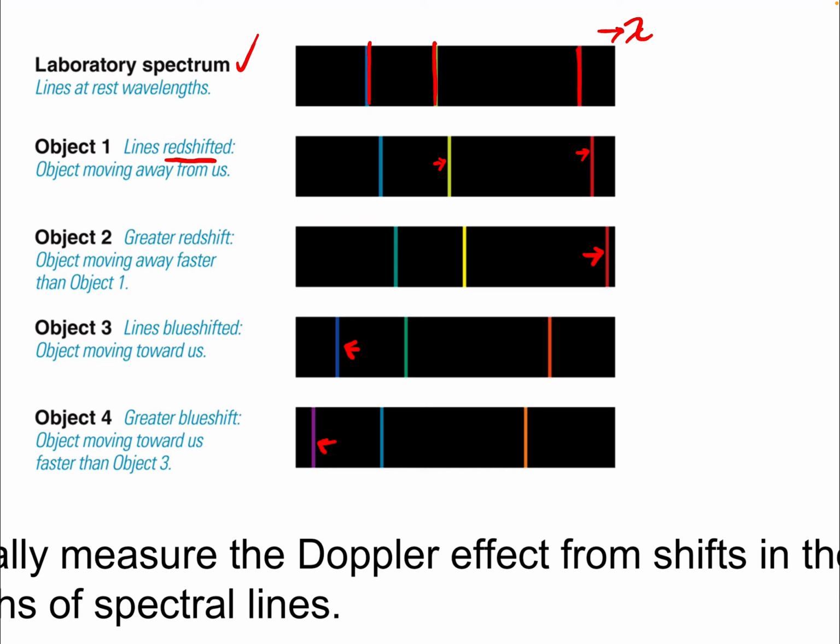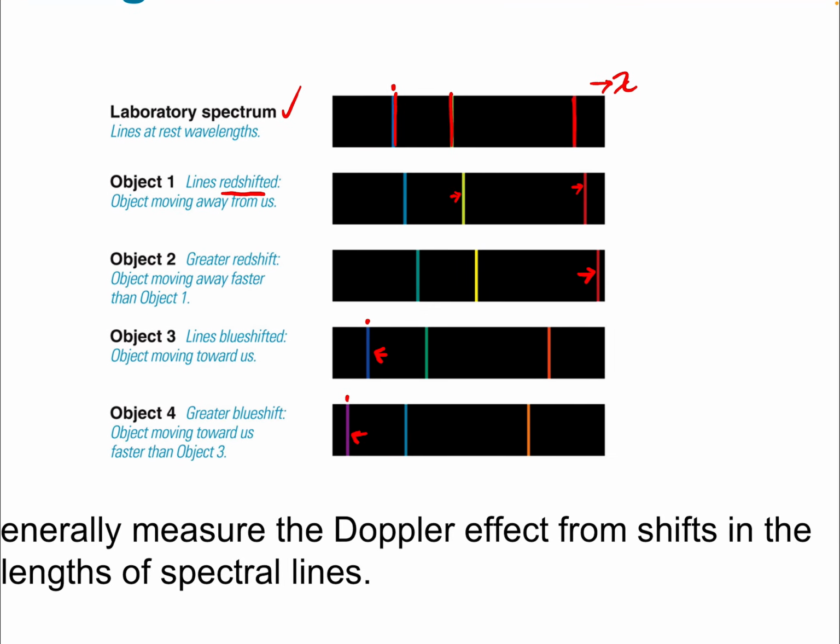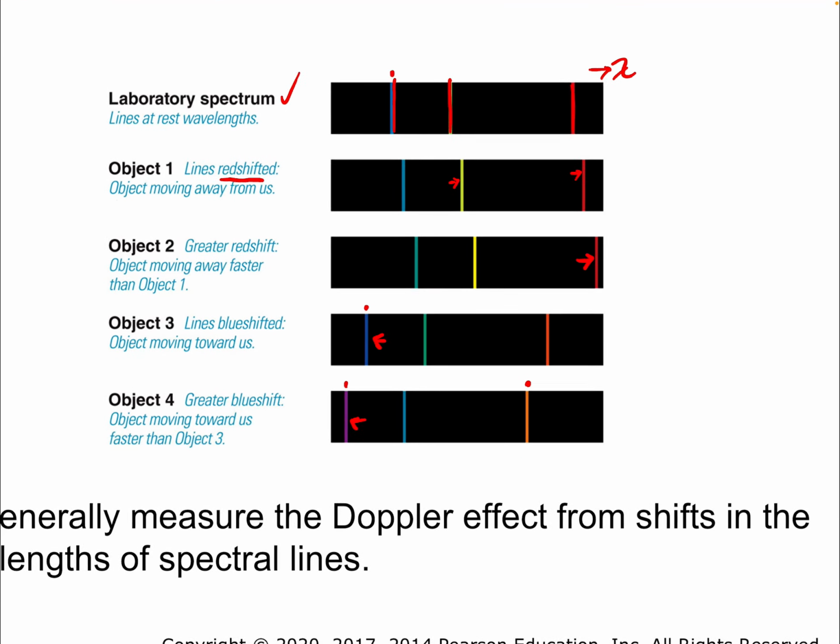I wasn't paying attention to that with the red because it essentially stayed red, such a large region of red. But here, this line started off as blue. When it shifted a little bit with the blue shift, it was still a shade of blue. But when the object is moving even faster towards us, the line that was blue gets shifted into purple, well on its way to violet. And the red actually became orange with the more extreme blue shift.